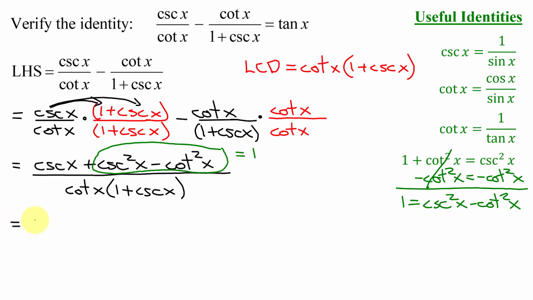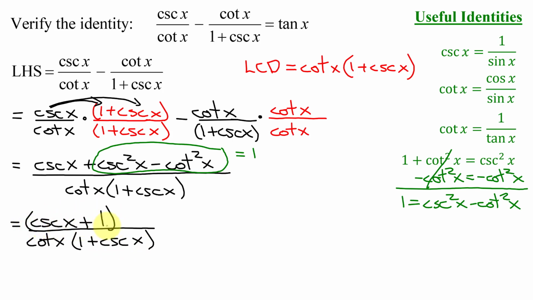So my numerator becomes the cosecant of x plus, this expression is 1, divided by the cotangent of x times 1 plus the cosecant of x. Can I simplify that? Yes.